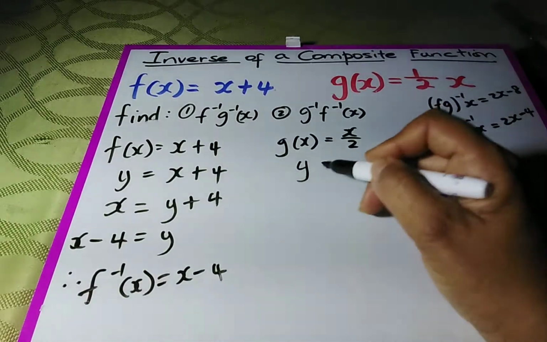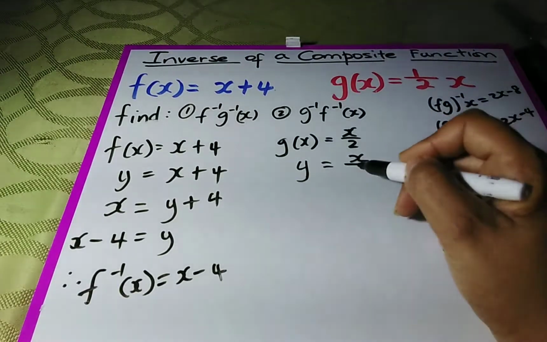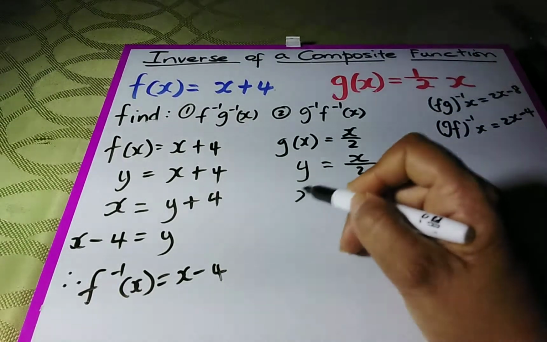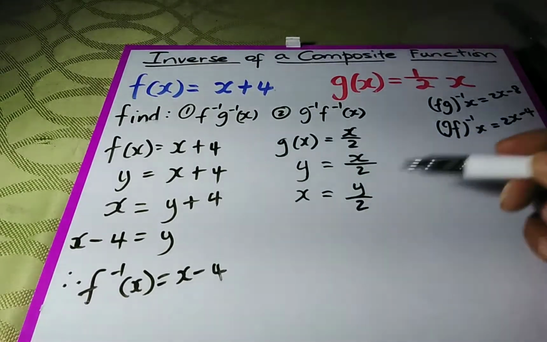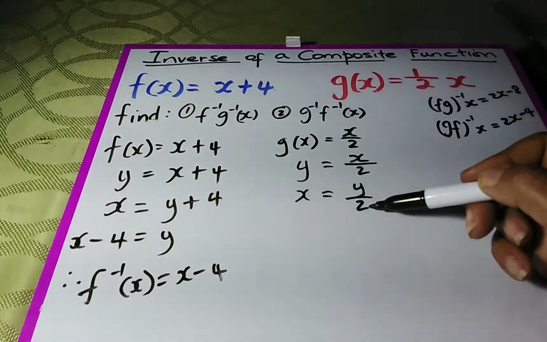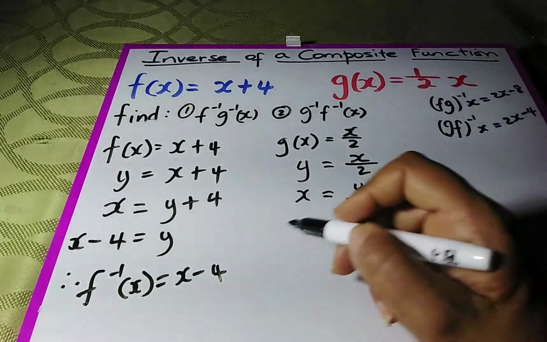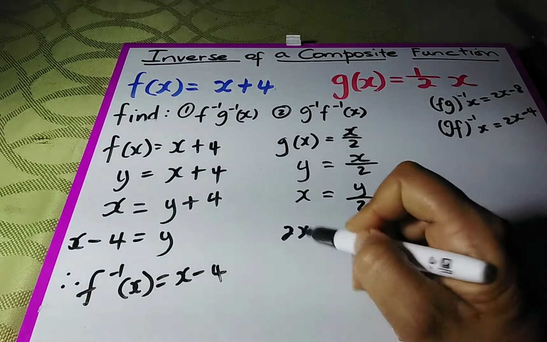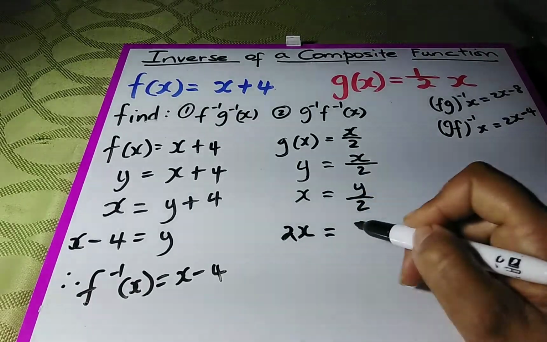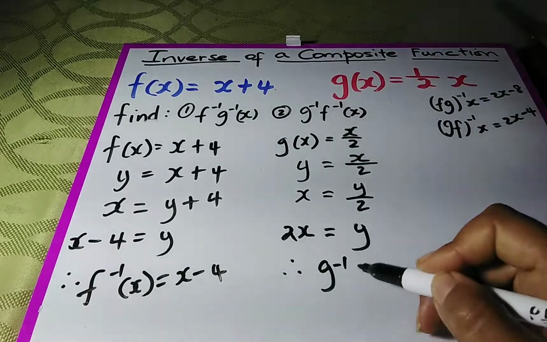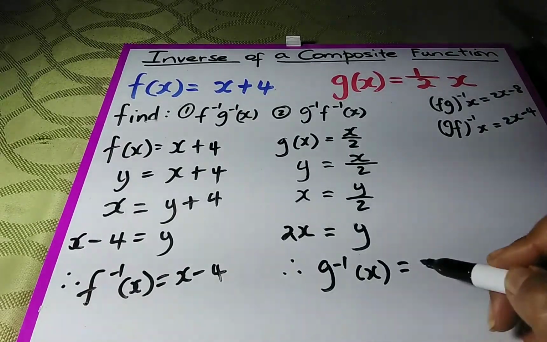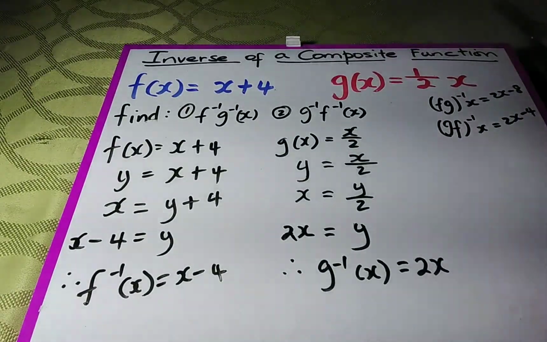So we say y equals x over 2. Then we interchange x and y. So it's x equals y over 2. Since 2 is being divided here, when we carry over the equal sign, we multiply it. So 2x is equal to y. And so therefore, g inverse of x is equal to 2x.